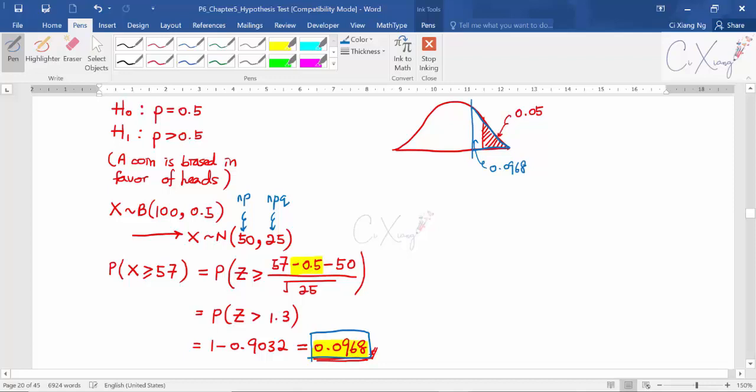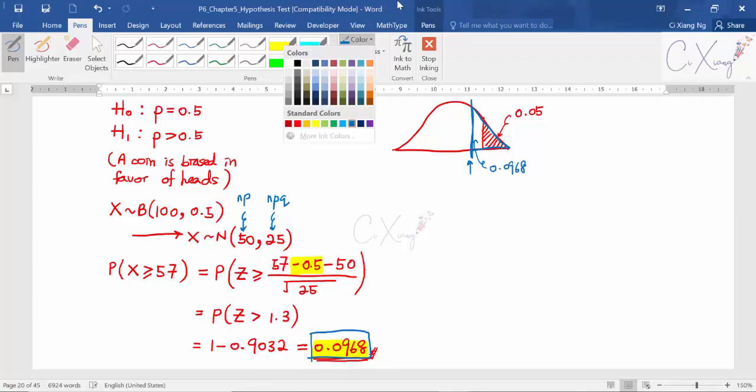Because 0.05 is a smaller area, so 0.0968 is a larger area. After you sketch the area, you look at this value itself. This borderline value falls under the acceptance region.